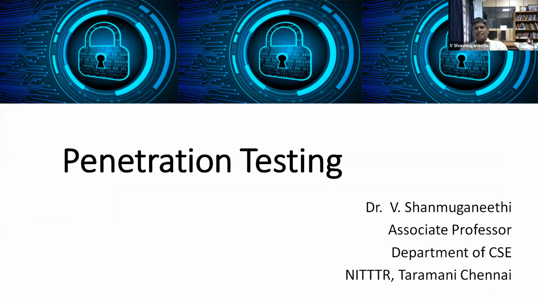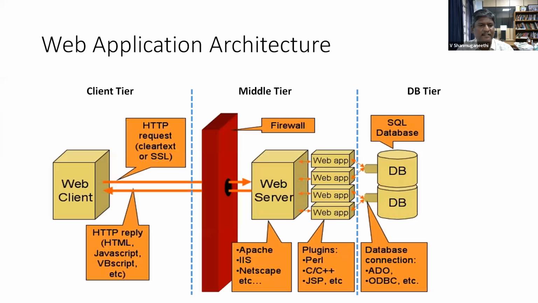Actually, when we look into web applications, there are different kinds of applications, starting from small scale to enterprise level applications. But the standard structure of the application is almost the same for enterprise applications as well as small scale applications.